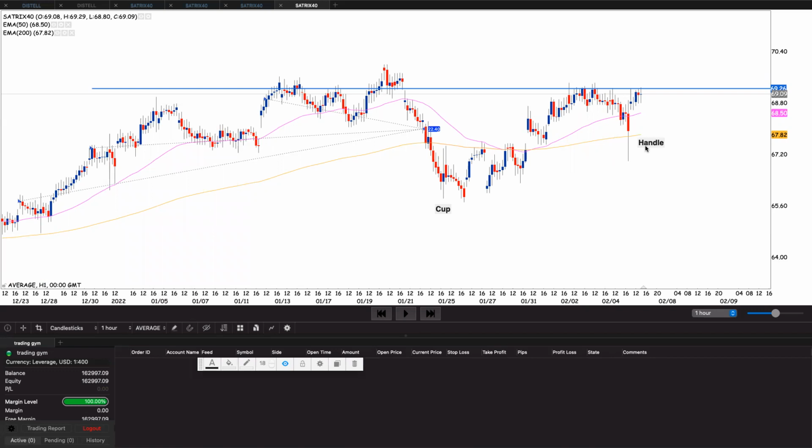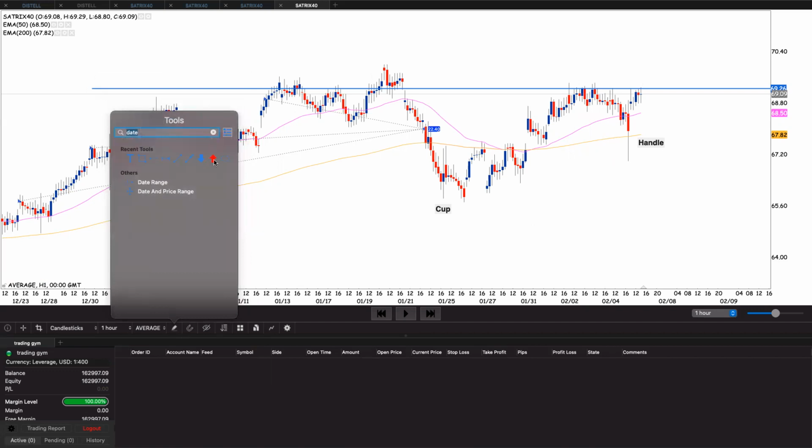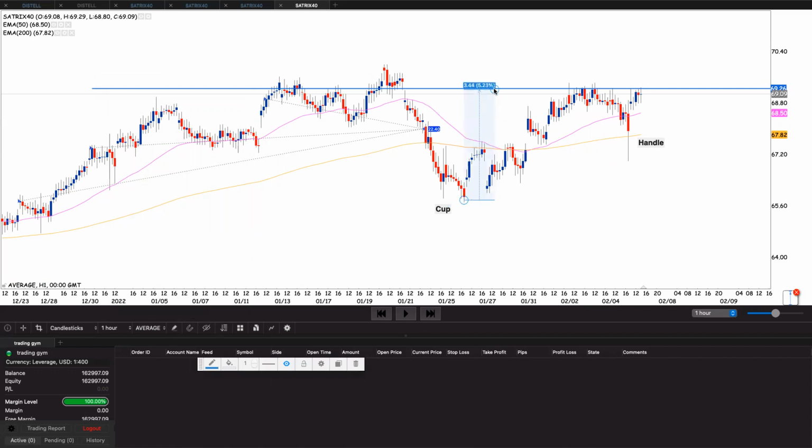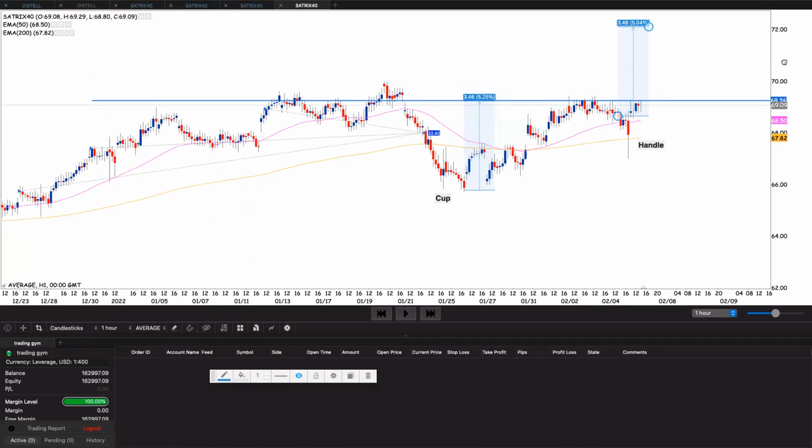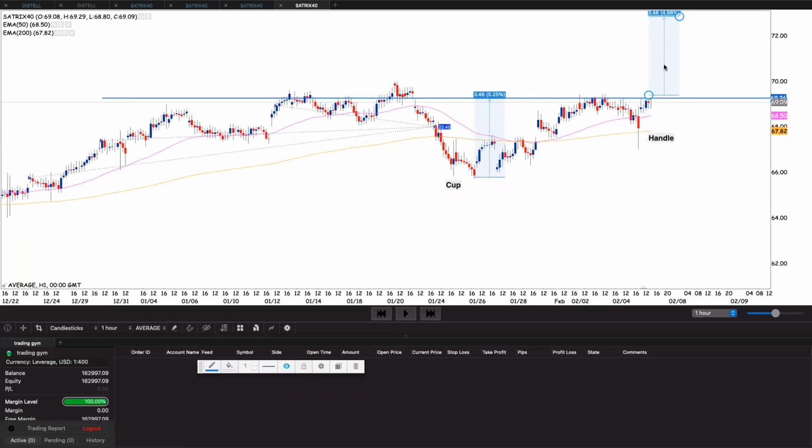We have this basing pattern, a cup and handle pattern, which is traded, similarly to the head and shoulders pattern which I'll get to in a moment, by projecting the height of the cup to the upside with a stop loss just below the handle.